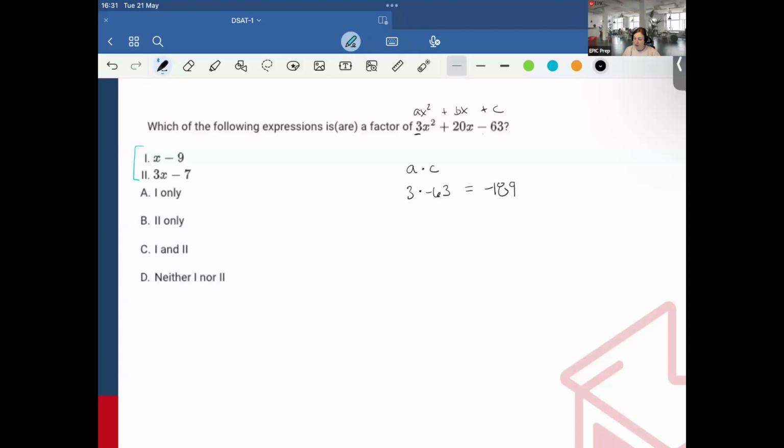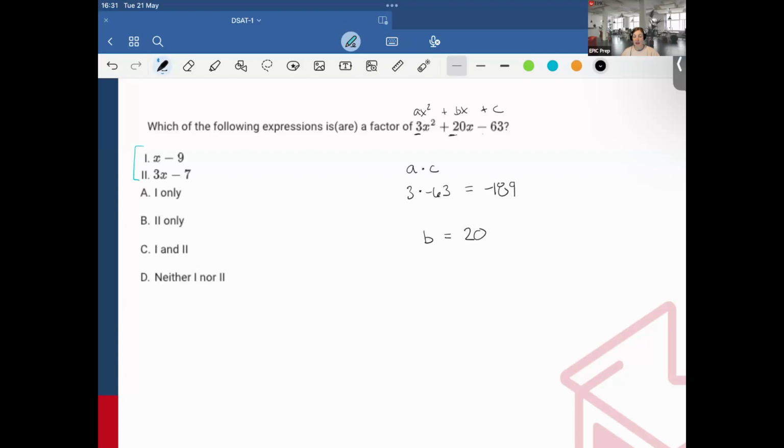And I'm looking for when I sum, will give me the b value, so 20. So I'm looking for two numbers that when I multiply them together give me negative 189, and when I add or subtract them give me positive 20, the b value.